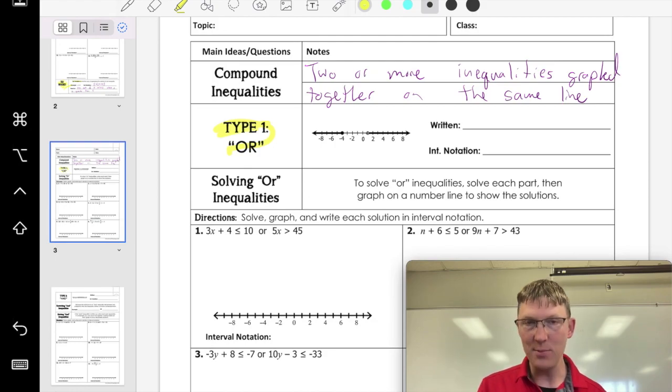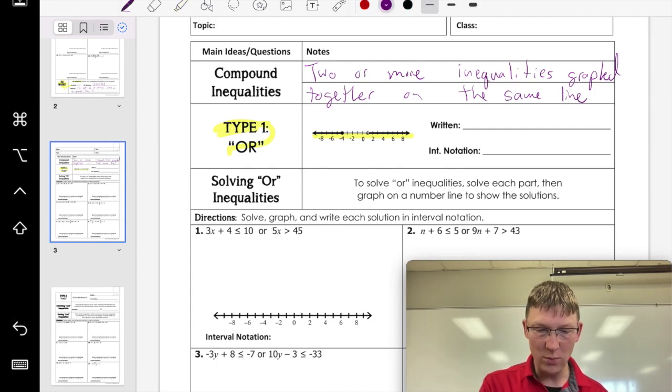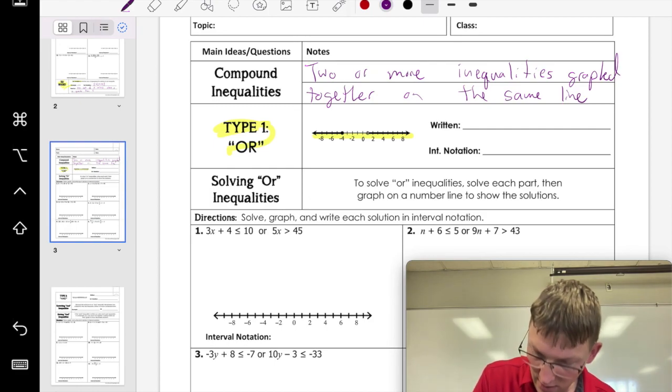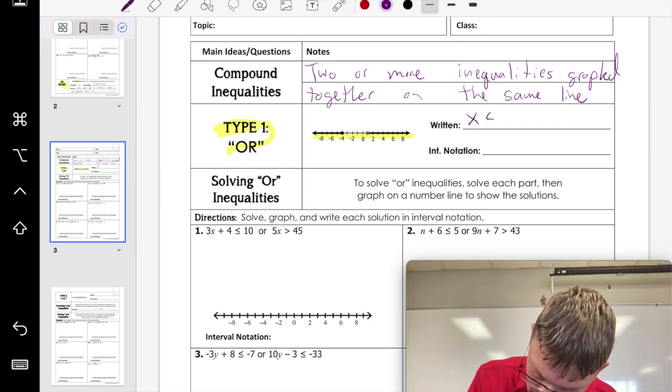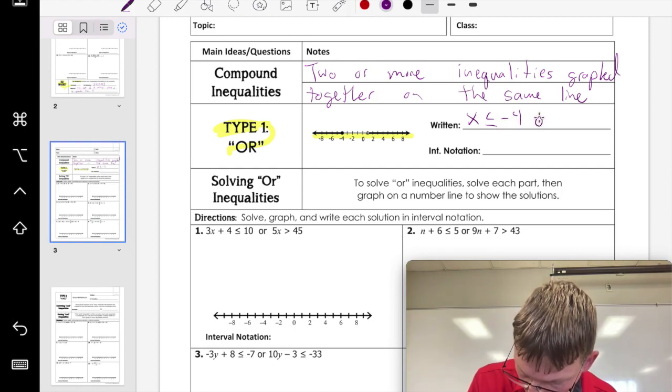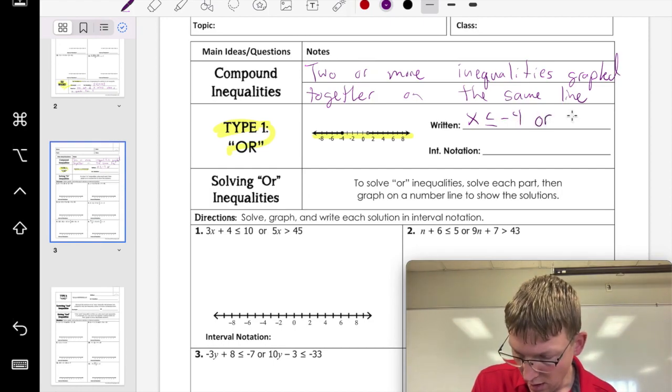So our first type is the or inequalities. Their graph is going to look something like that. But it's written, after you do all the work, your solution will look something like x is less than or equal to -4, or x is greater than 1.